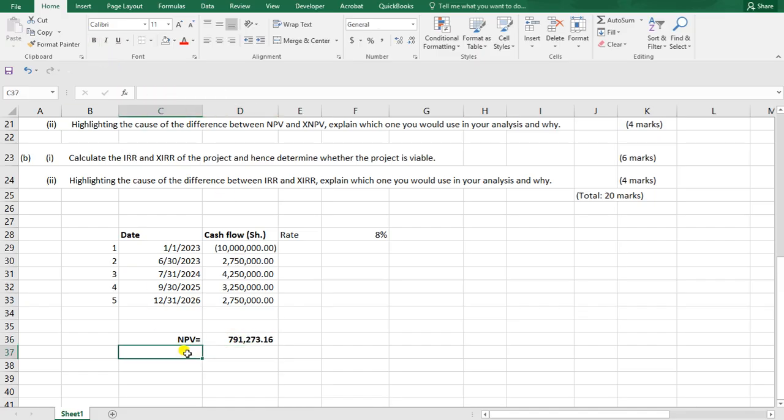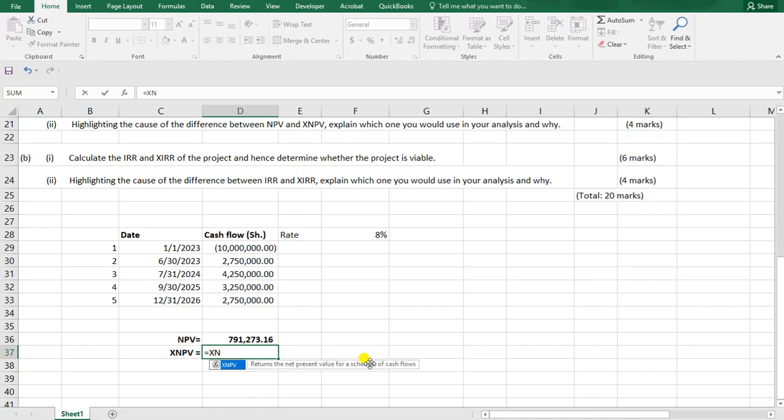What about our XNPV? XNPV will be simple because my XNPV will be as follows. I'll be having our function, which is equal sign XNPV. My rate is 8%. Our values, we start from year 0.